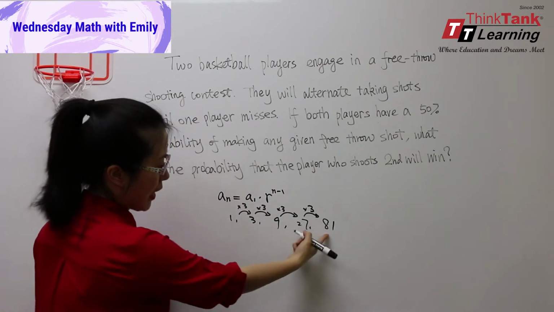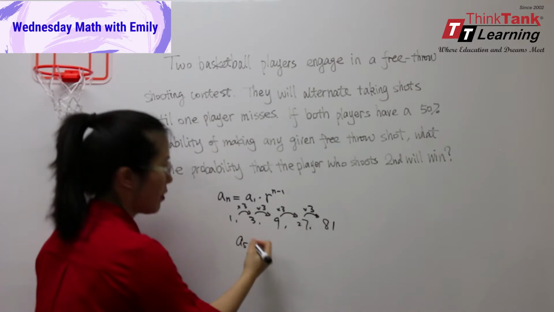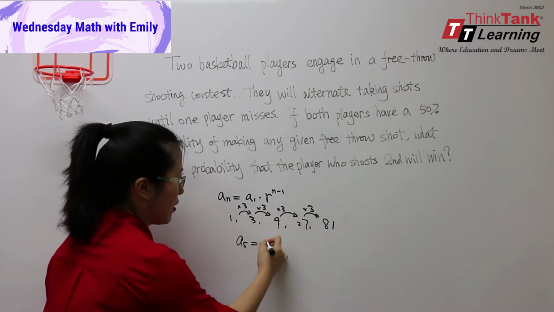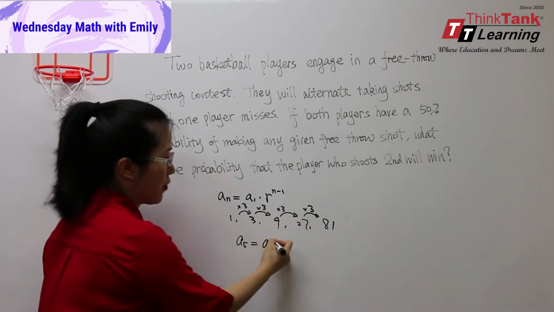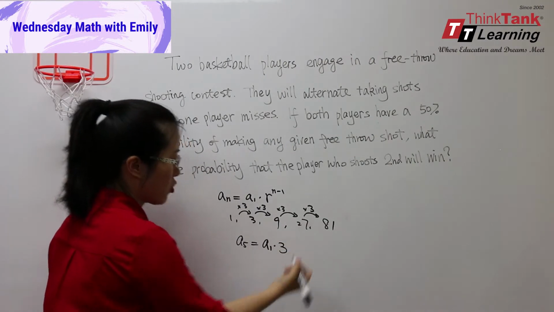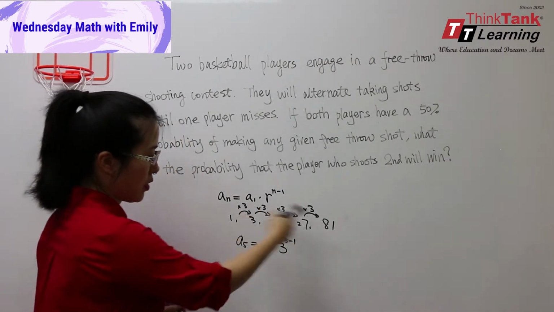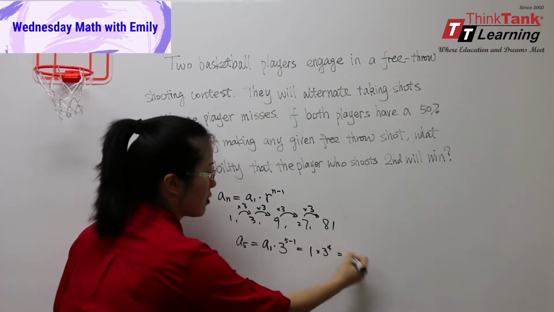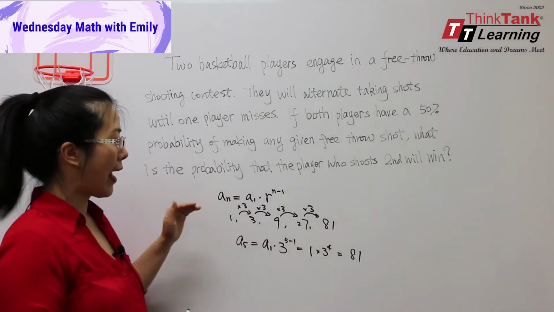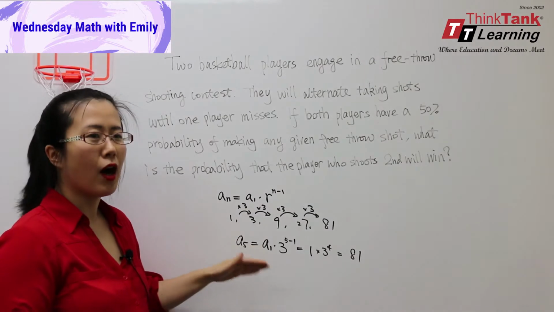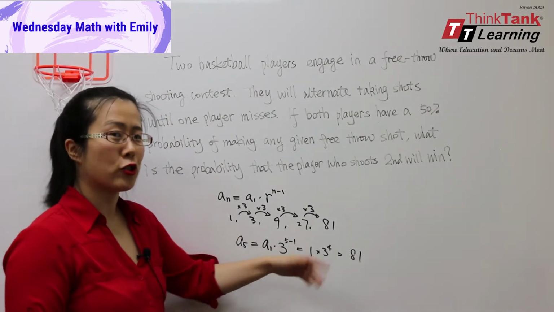So in order to get the fifth number, 81, we can first multiply the first number by the common ratio to the power of n minus 1, which is 4. So that's 81.